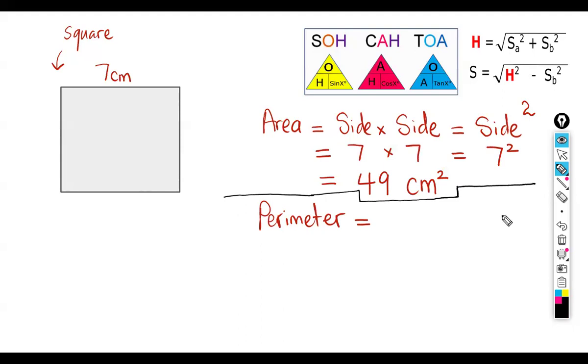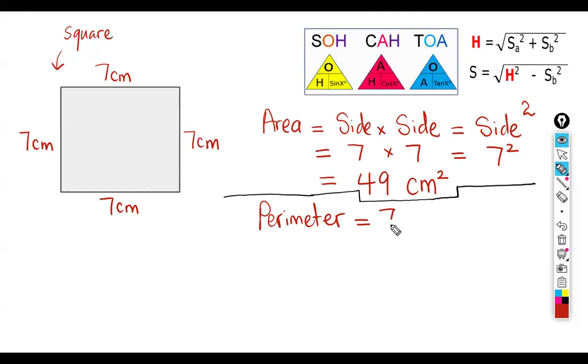The perimeter is the distance along the shape, but some people say around the shape. Now, in a square, all the sides have the same exact length. That's been drilled into your head since primary school. So the perimeter is just 7 plus 7 plus 7 plus 7. You just pretend you're running around the shape and count how many centimeters you run.